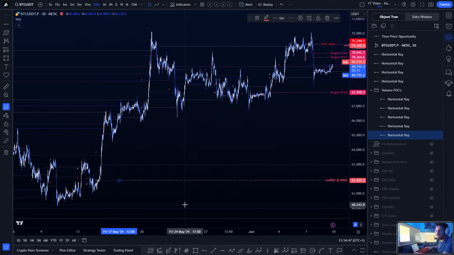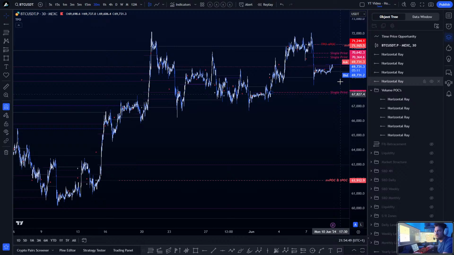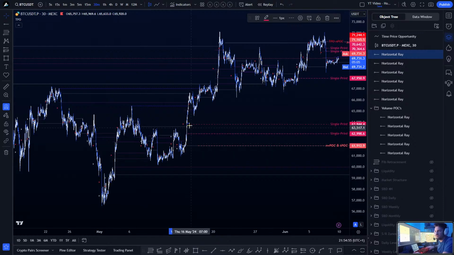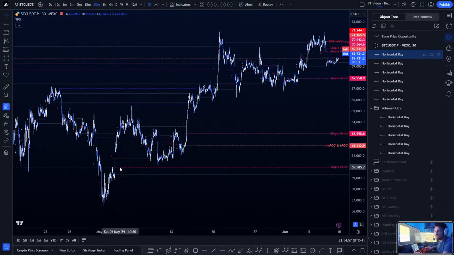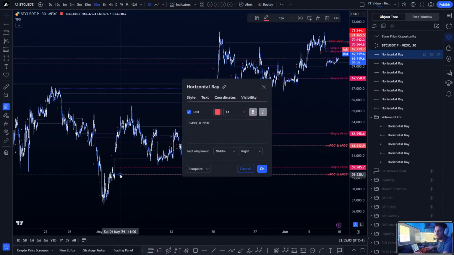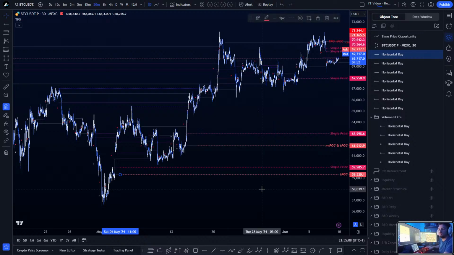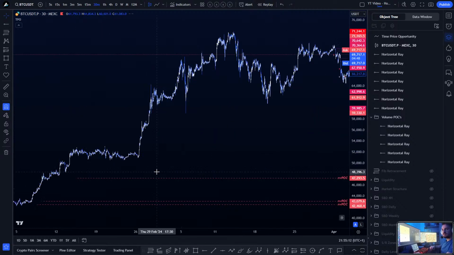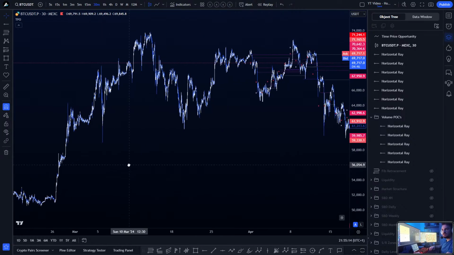It's basically the same. This gives it a little bit more power. I'm gonna put this on the single print over there and here, and I'm gonna copy this guy here. Just remove the volume point of control. Okay, now let's see before this.